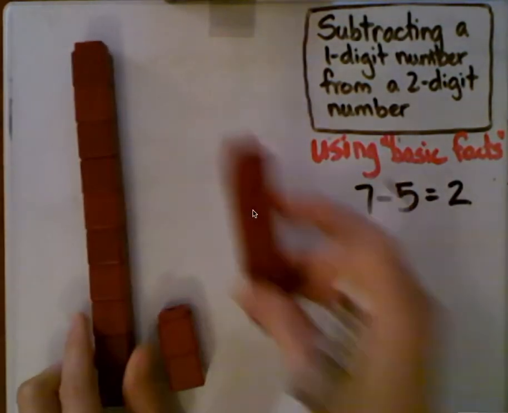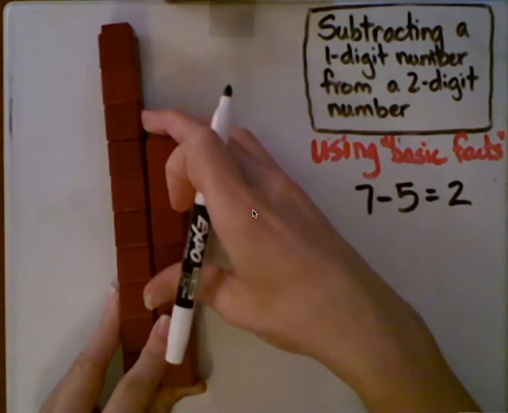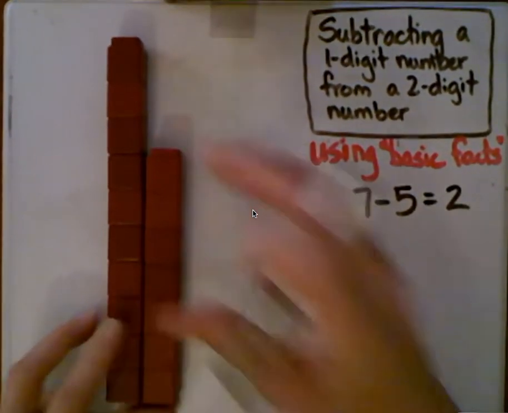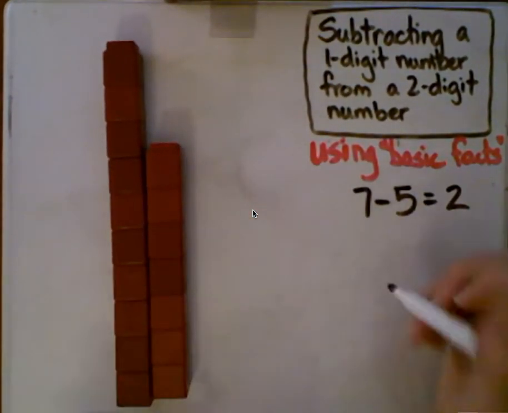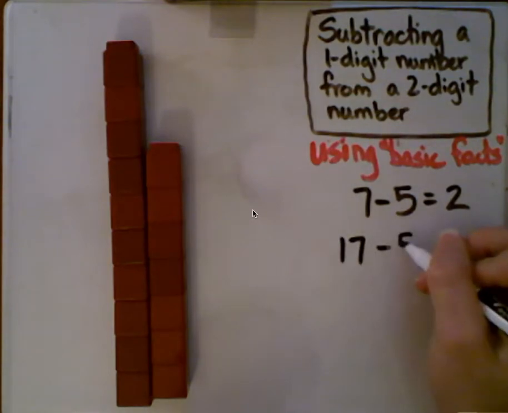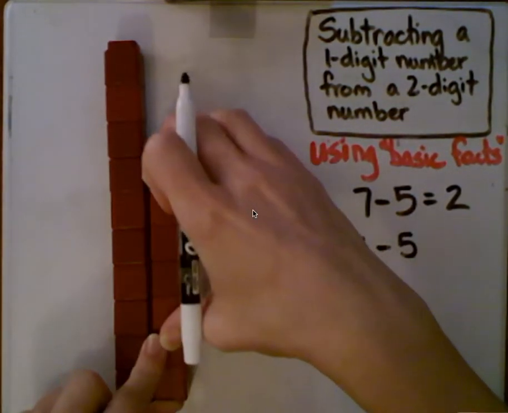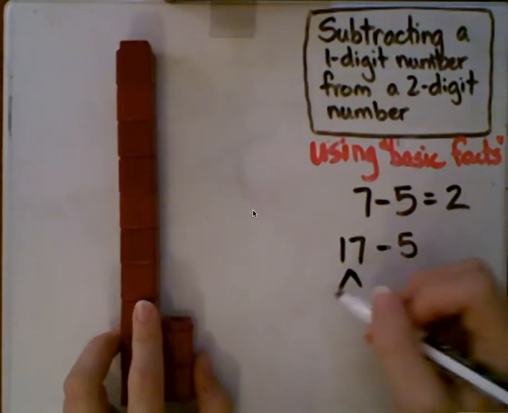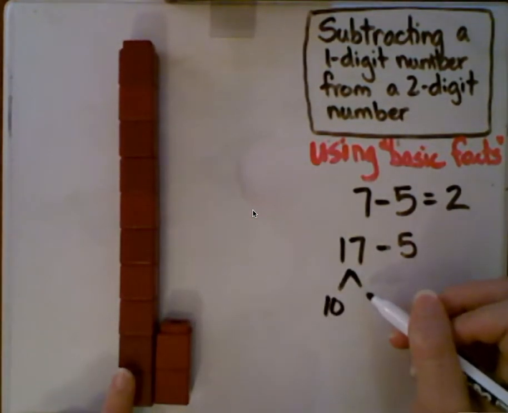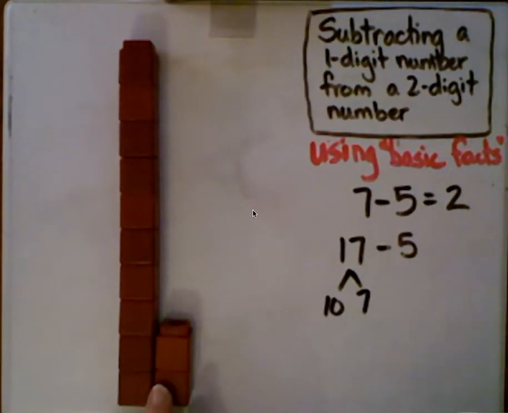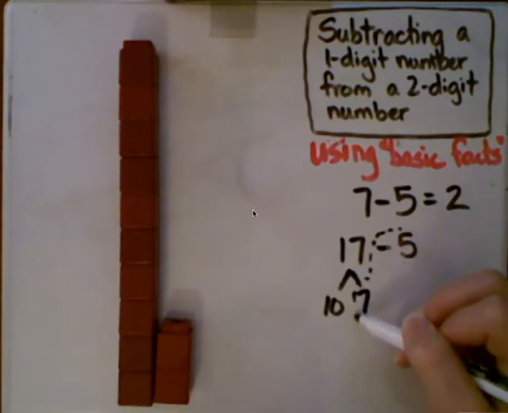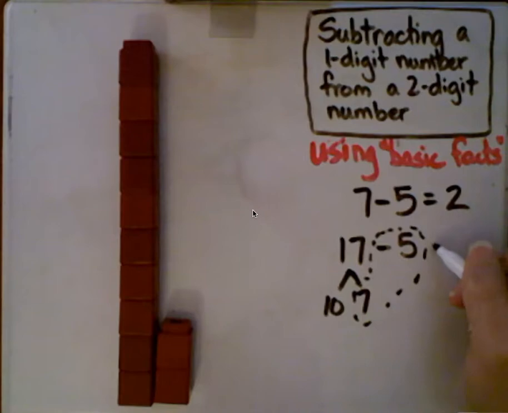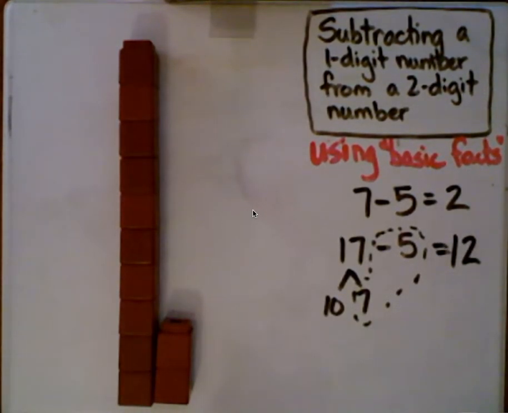So if they have 17 minus 5, they can take their 5 from the 7 ones and leave this 10 stick, the 10, alone, and they subtract 7 minus 5 and keep their 10, leaving them with 12.